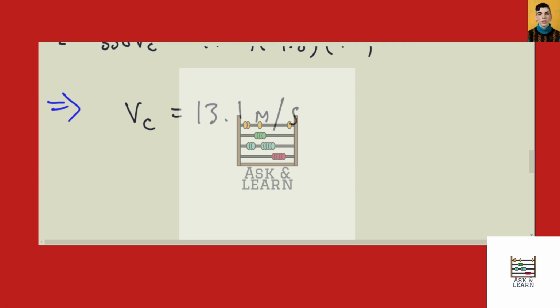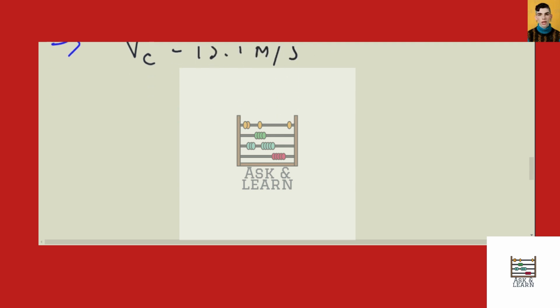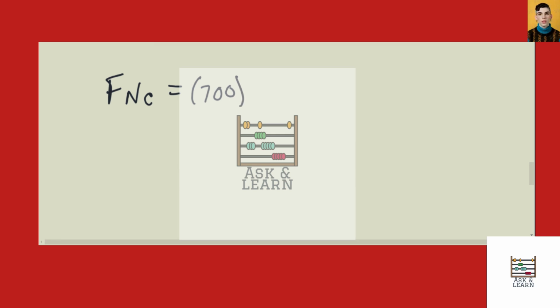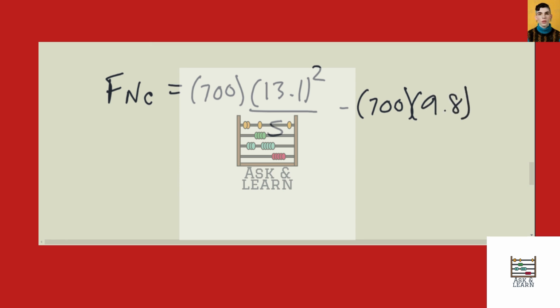So now we can plug this back in and solve for the normal force at C. We have the normal force at C is equal to, and then we move the weight to the right side, the mass, which is 700, times the velocity at C, we just found 13.1 squared, divided by the radius of curvature at C, which is 5, minus that weight, which is mg, 700 times 9.8.